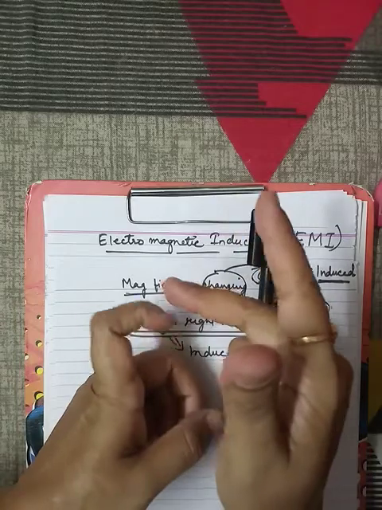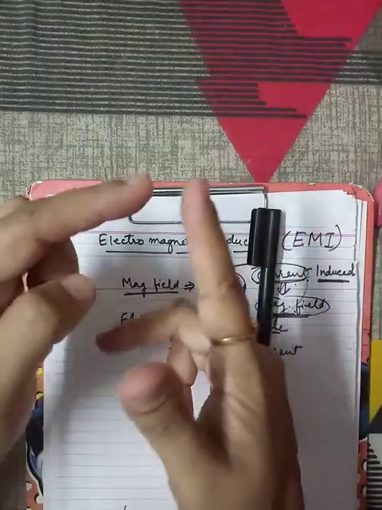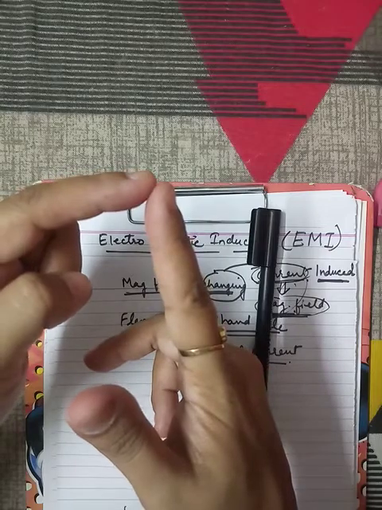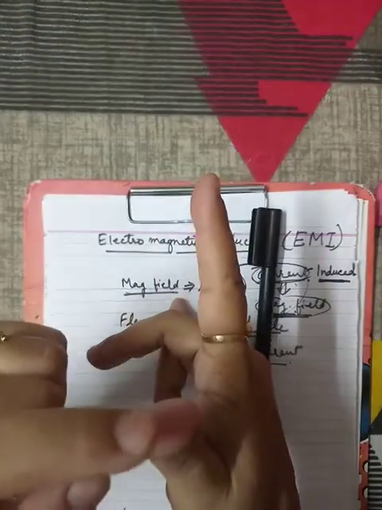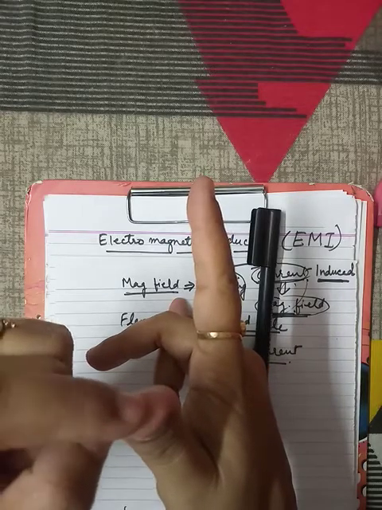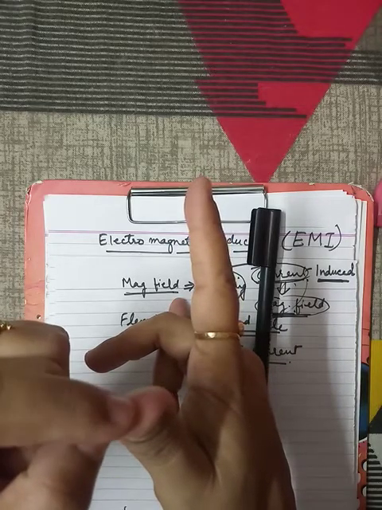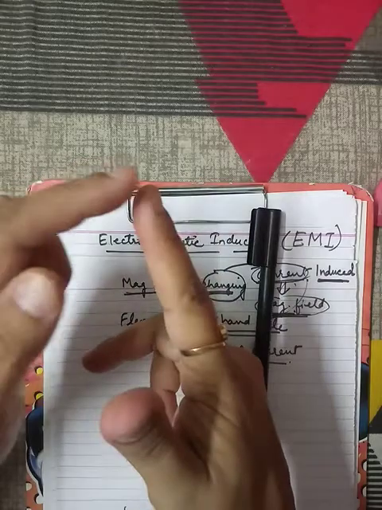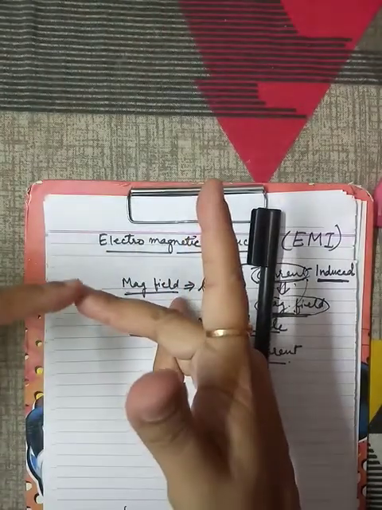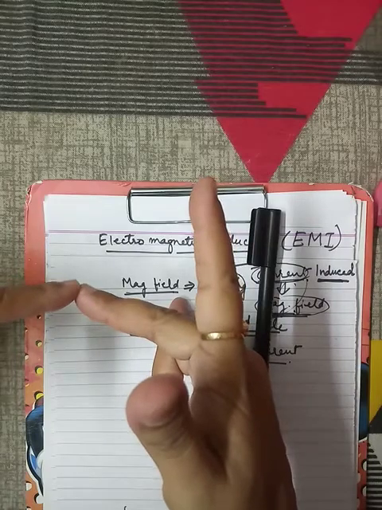Okay, if the first finger is showing you the magnetic field which is changing, and the thumb is showing you the motion or the force because of which the magnetic field is changing, then the direction of induced current is given by the middle finger.